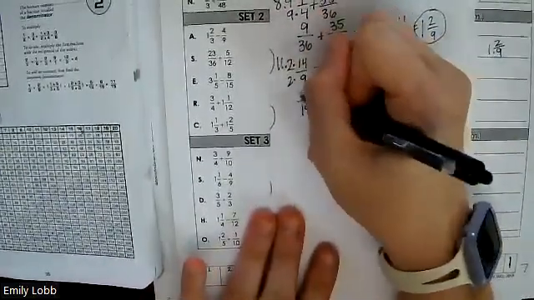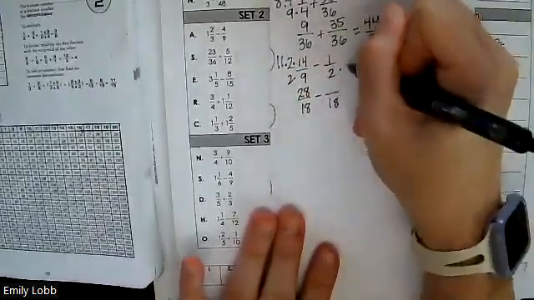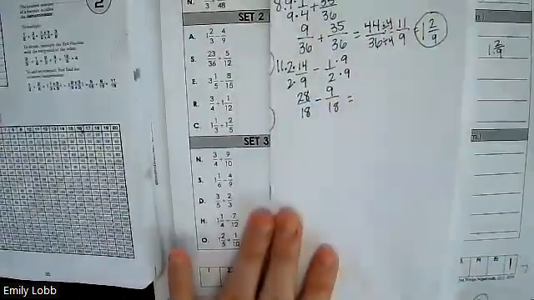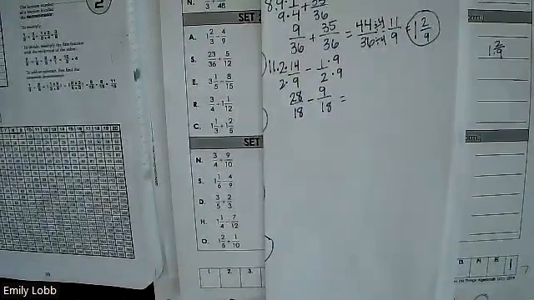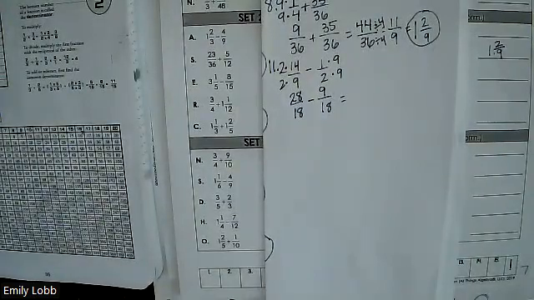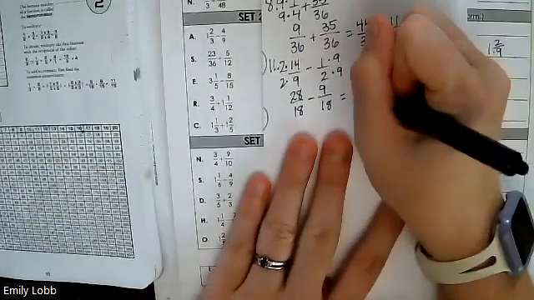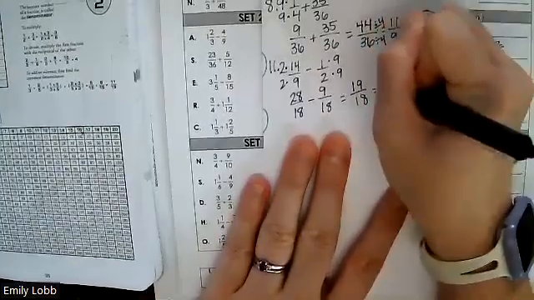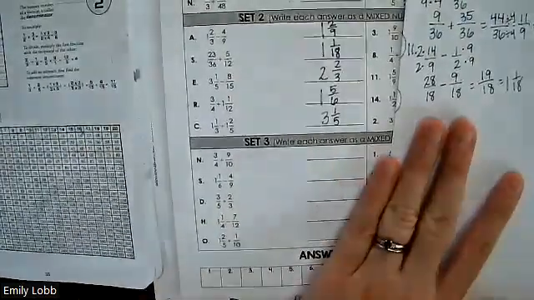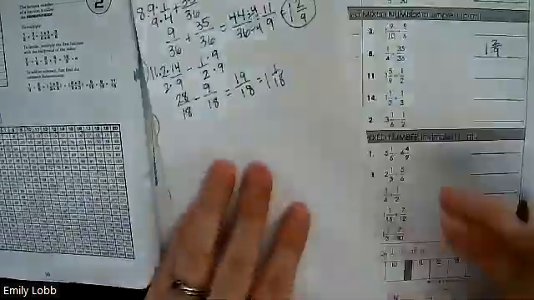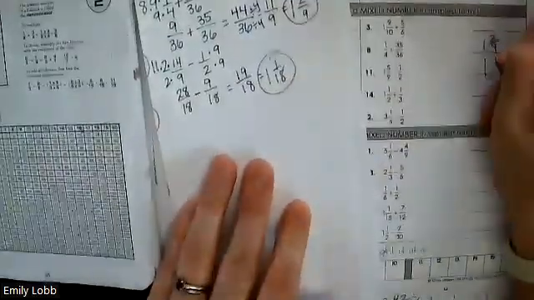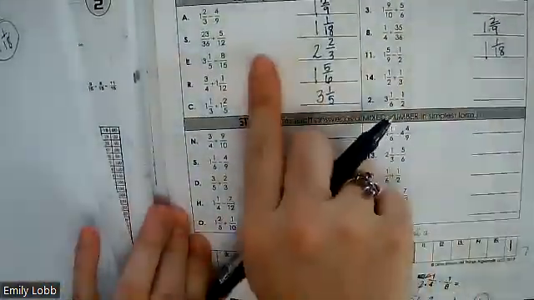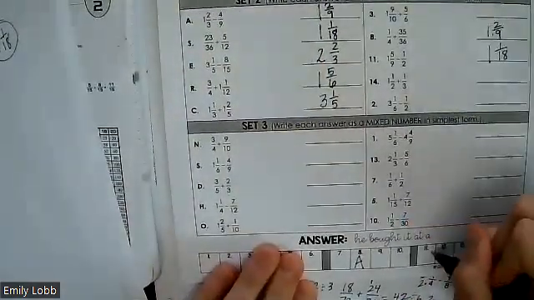What's 2 times 14? 2 times 9 is 18, so 1 times 9 is 9. 28 minus 9. 20 minus 9 is 19. That doesn't sound familiar either. Oh, yes, it does. It's letter S. Excellent. All right, so number 11 is letter S.